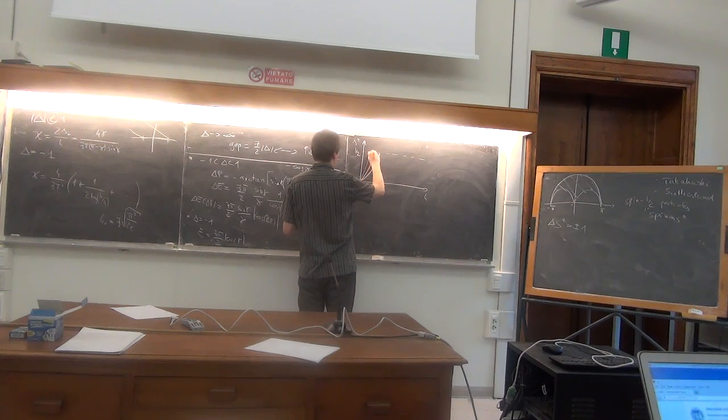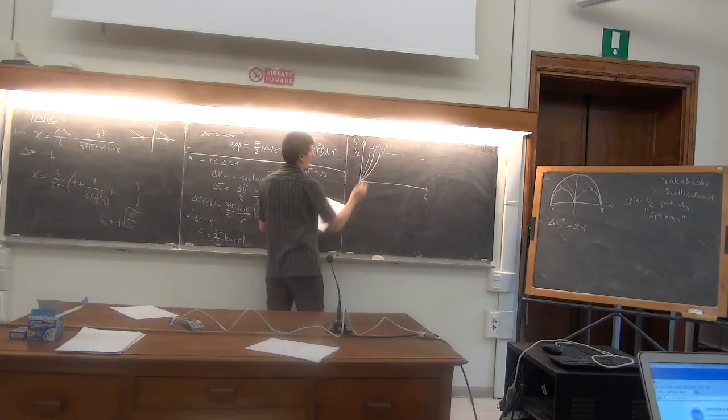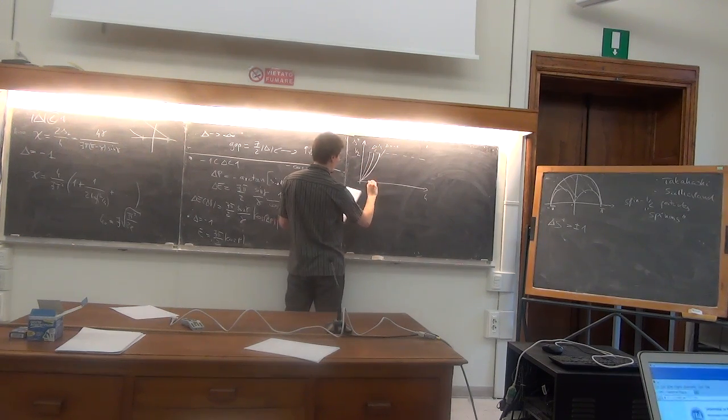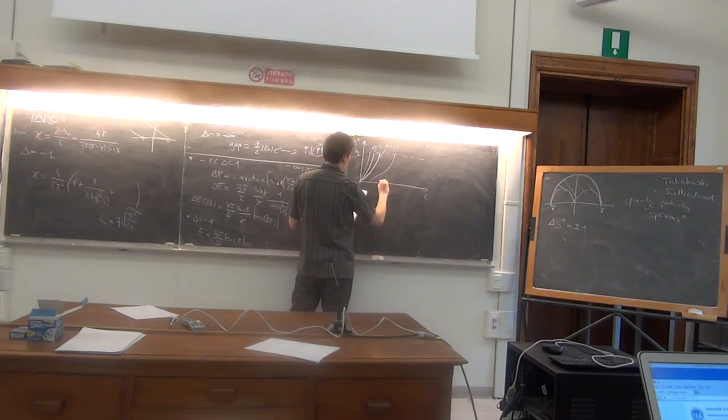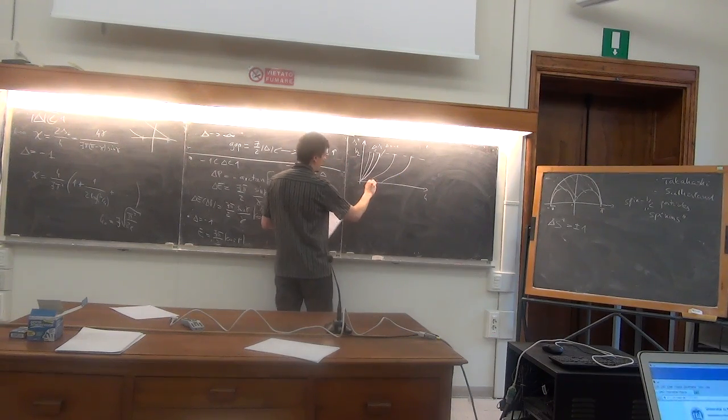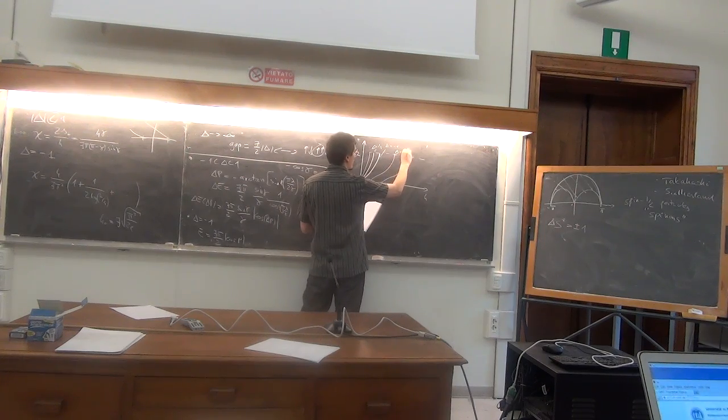So you define these curves, and let's say this is the curve for delta -1. This is delta -1/2. And this is, let's say, delta -2.